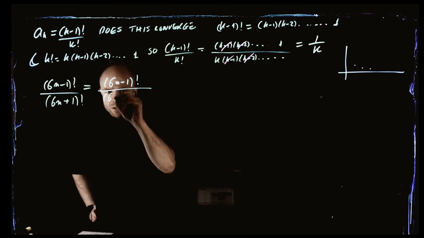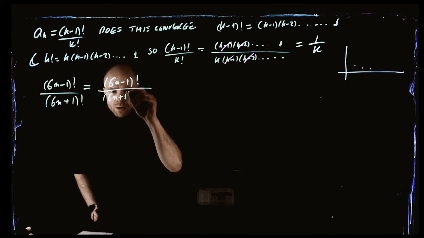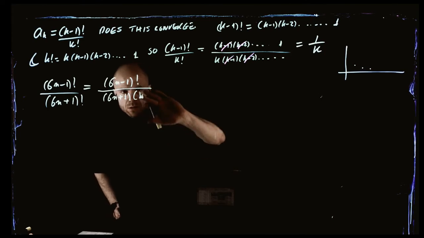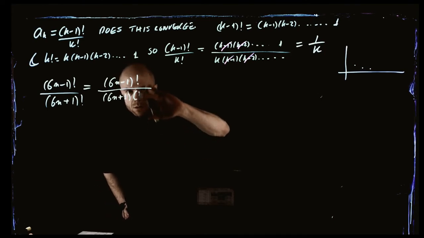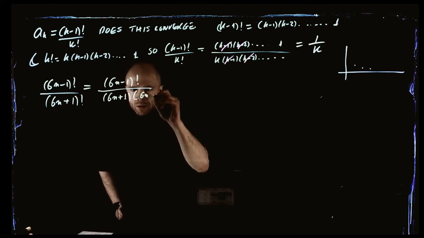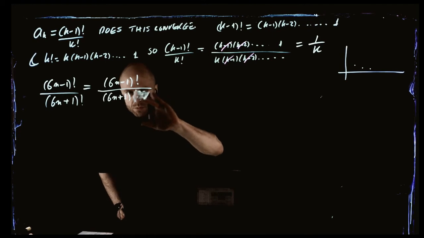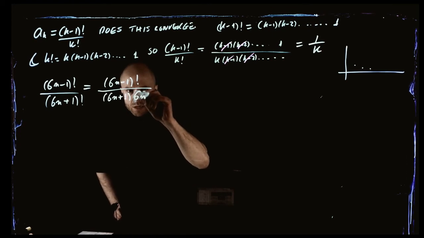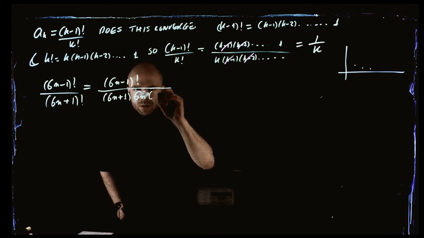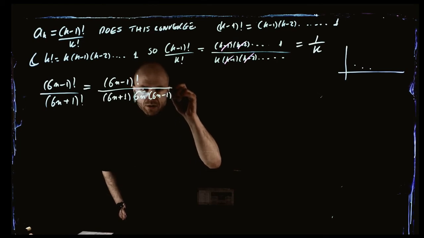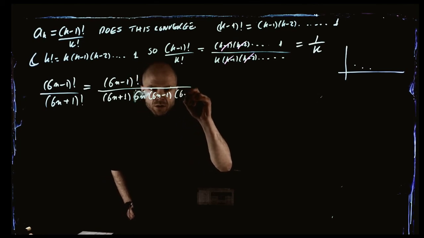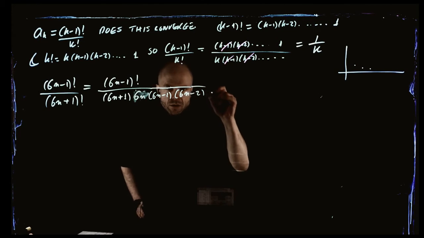So it's 6n plus 1 times 6n itself, just write that without brackets, and then 6n minus 1, and then 6n minus 2, and so on, all the way down to 1.